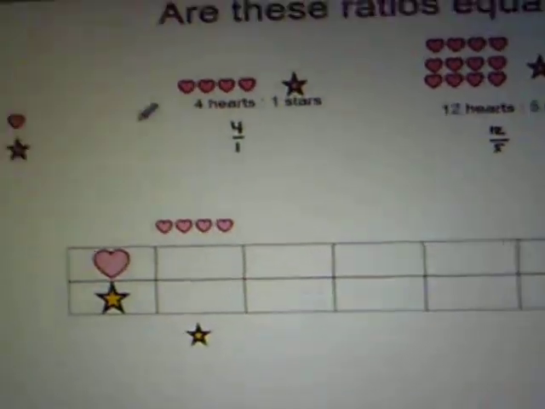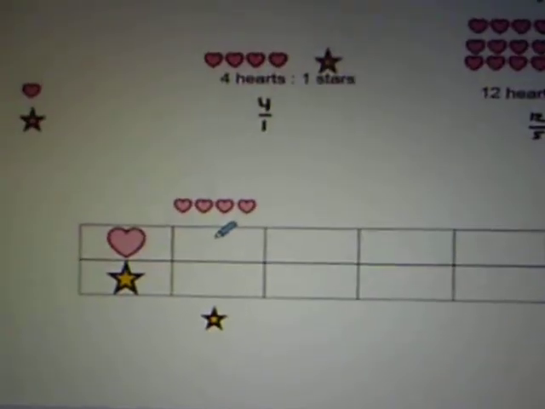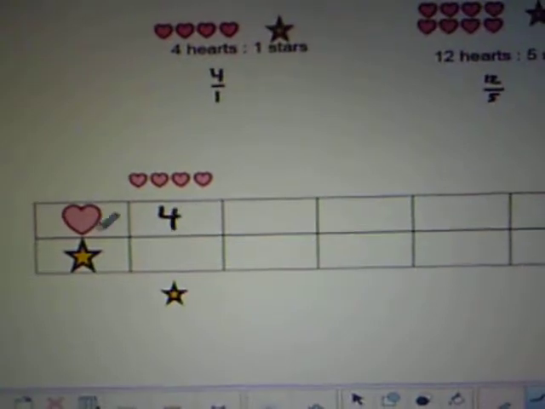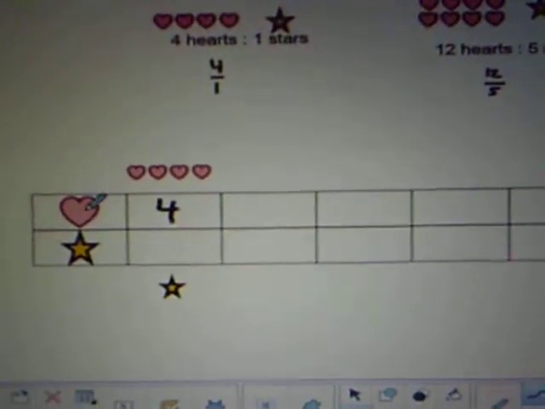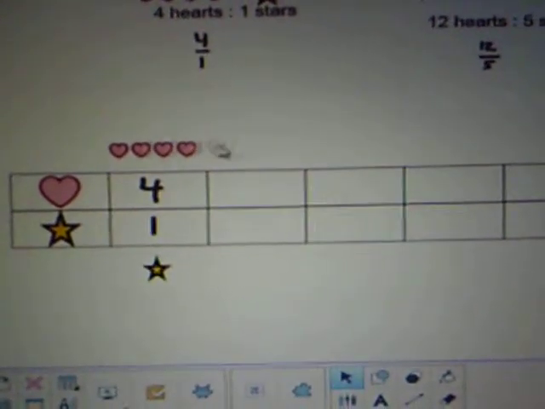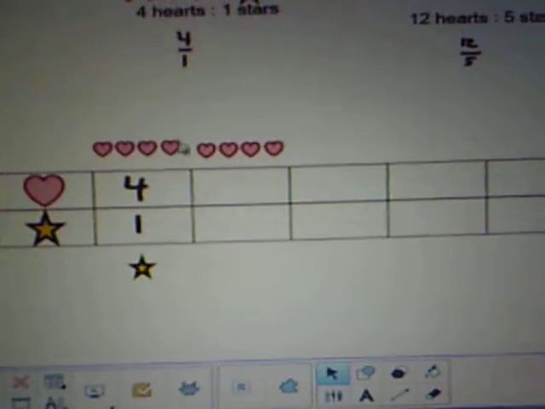So, let's start with my smaller ratio, 4 to 1, and put that in our table. Remember, our labels go off to the side, and the 4 represents the amount of hearts, because it goes in the hearts row, and the 1 represents the amount of stars. So let's scale it up. Let's make equal ratios.